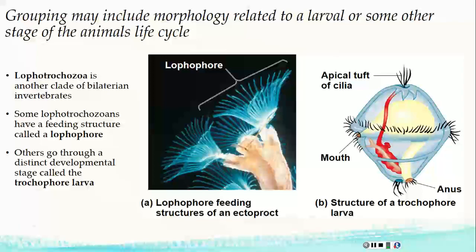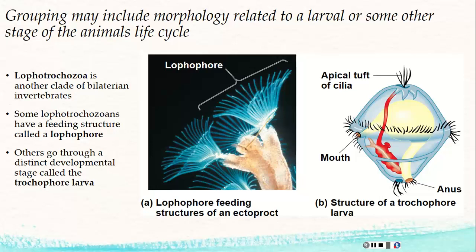So grouping may include morphological structures that are only seen when the organism is in its larval stage, and then others match and align with animals throughout their entire life cycle. So lophotrochozoans are kind of an odd mix here.